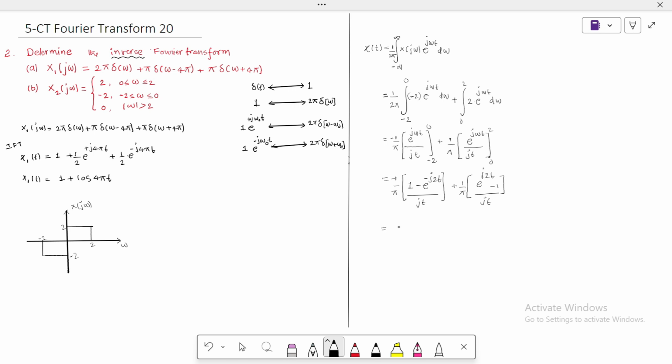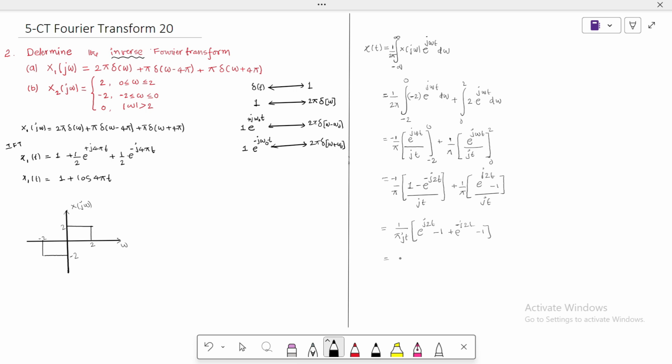Take 1 by pi common, 1 by pi jt. So that equal to e power j2t minus 1, and here plus e power minus j2t. Why? Because here there is a minus. So minus 1. So e power j theta plus e power minus j theta, that equal to the cos function.